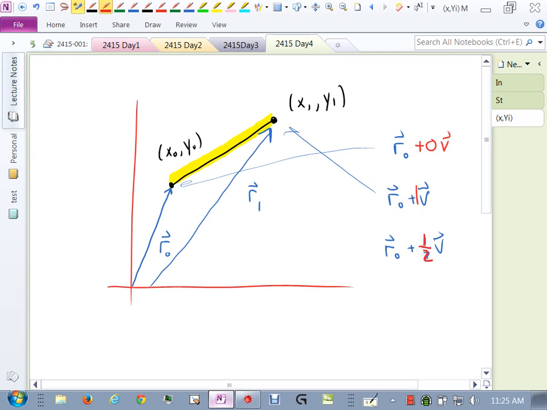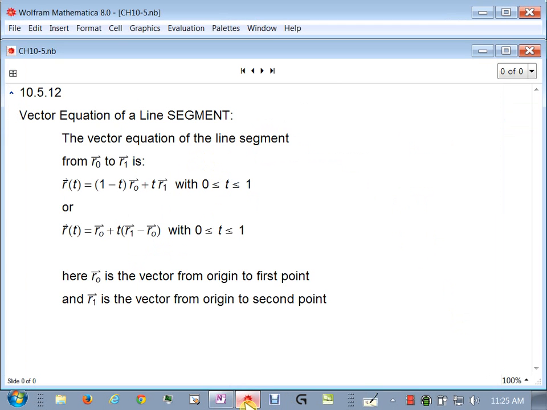Does that make sense? So back over here, that's what this formula is saying, this second one. If you have two vectors, R0 and R1, and you want to draw the line segment between those vectors, you will go R0 plus t times R1 minus R0. That's V, isn't it? This is R0 plus tV, but your t is now restricted between 0 and 1.